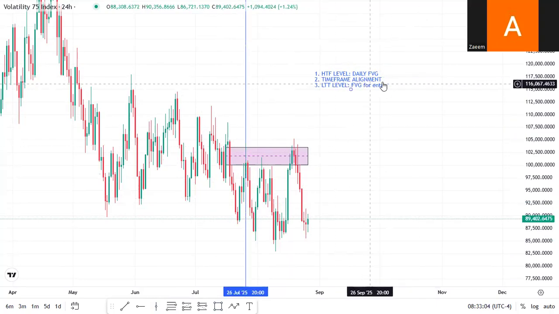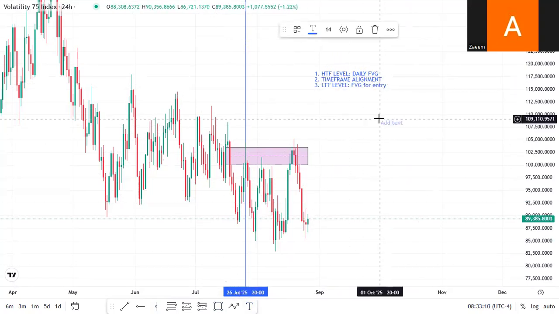What of my time frame alignment? This is the daily chart. From our time frame alignment, I have the table. So you should look at your H1, then from H1, you should look for the 5 minute time frame.